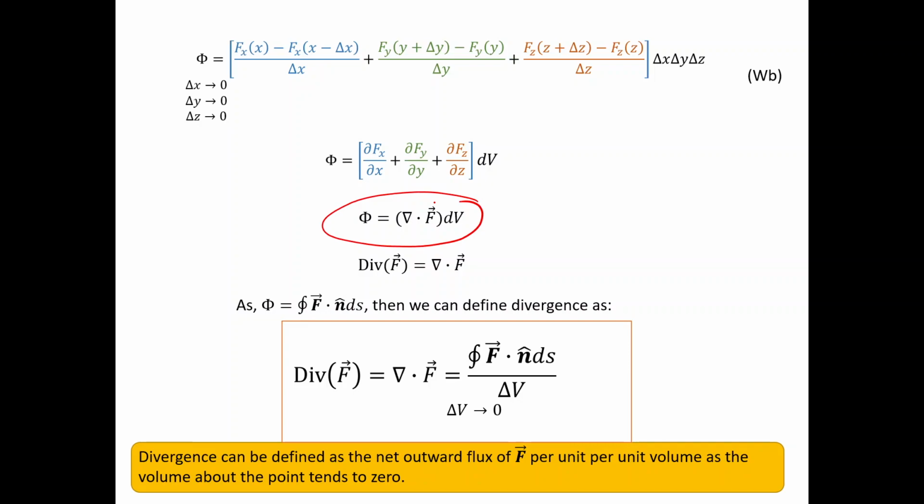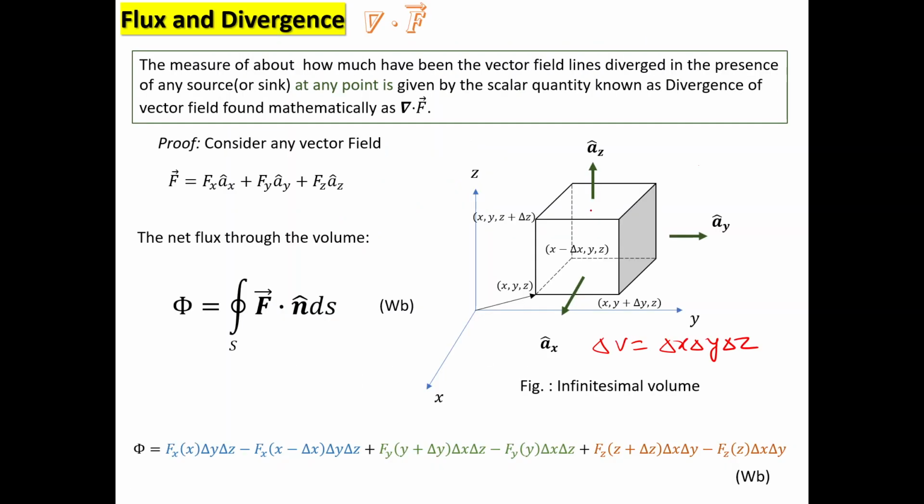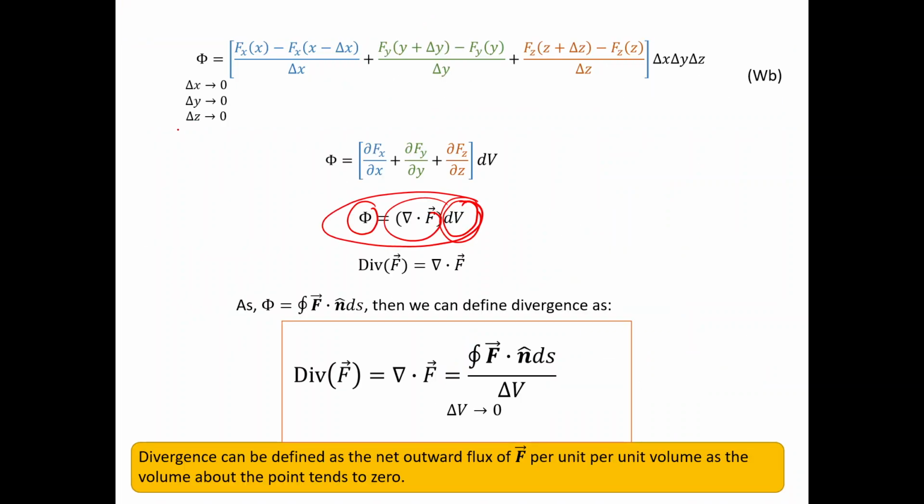We can also say that the net divergence through that volume will be simply the divergence times the volume of the considered volume, taking the limit del x, del y, del z as 0.